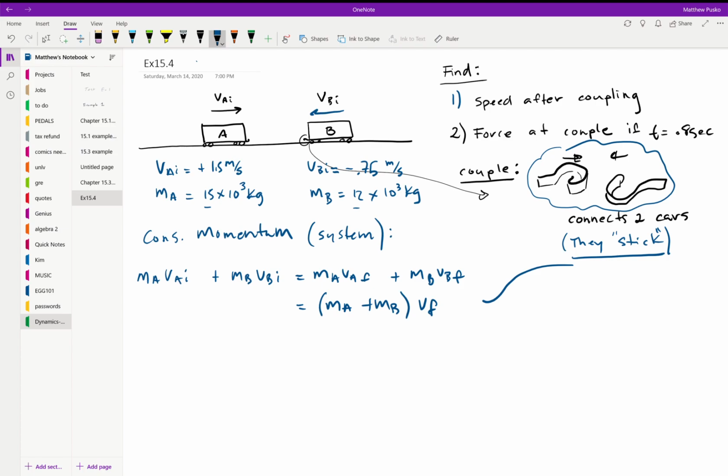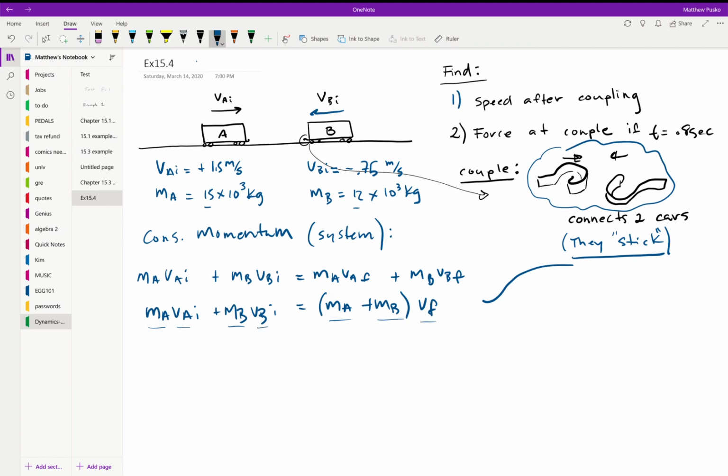We still need to hold on to both of these terms though on the left hand side, because we know it has an initial velocity for each car. We know everything to find the velocity now. We know its masses. We know the initial velocities of the cars.